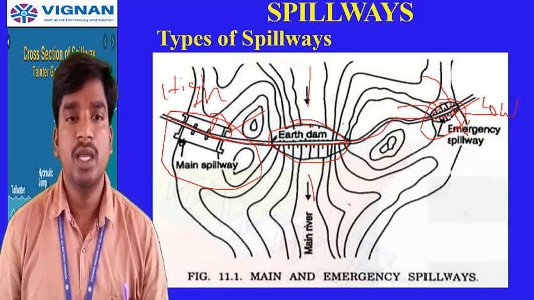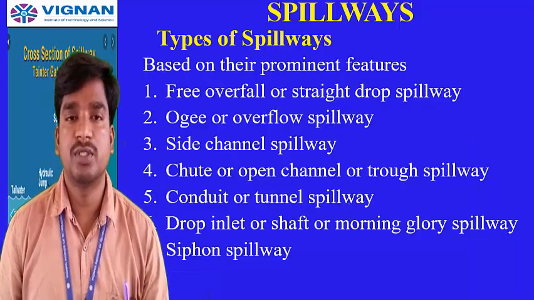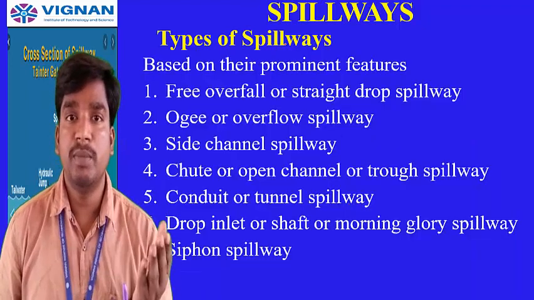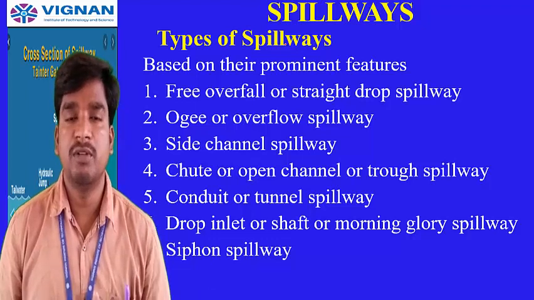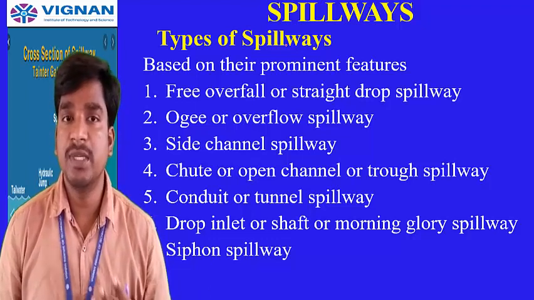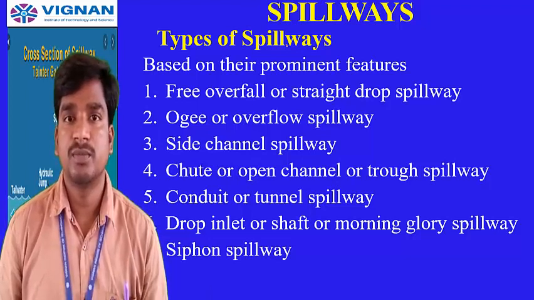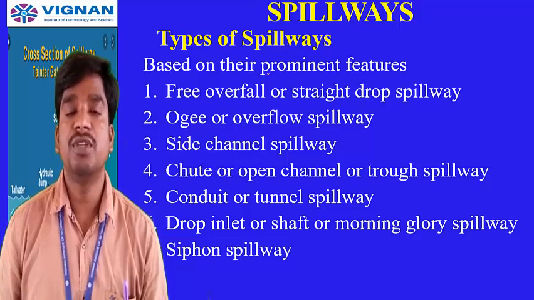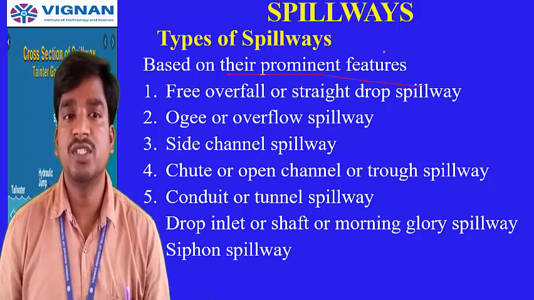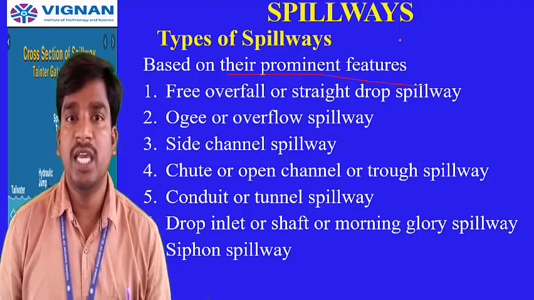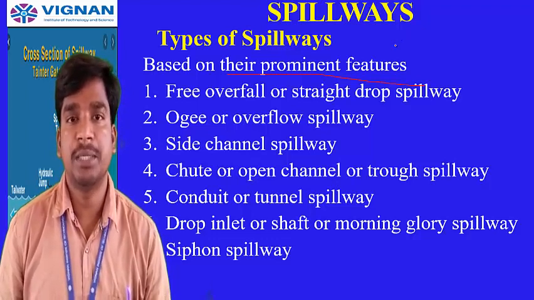Okay. Now coming to the types of spillways. We have seen main spillway as well as emergency spillway. They are categorized based on the utility of the spillways, so those are the two categories. Now based on the prominent features of spillways, they have been categorized into 7 different types.